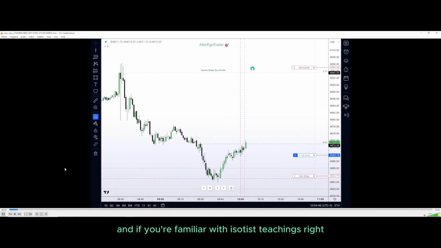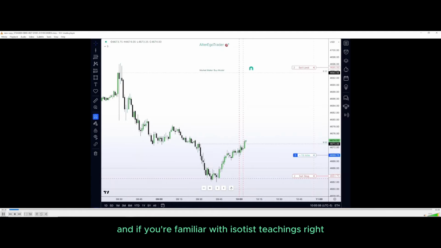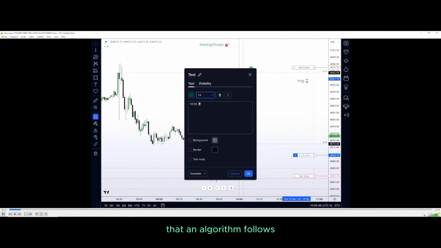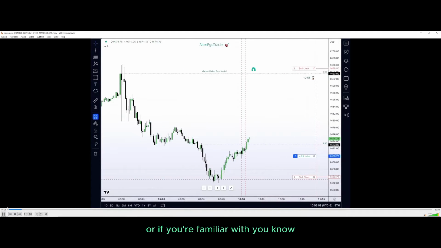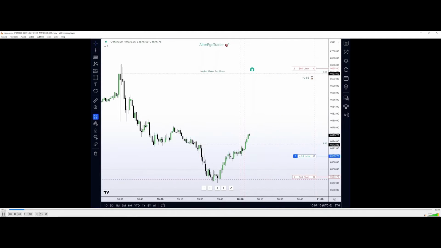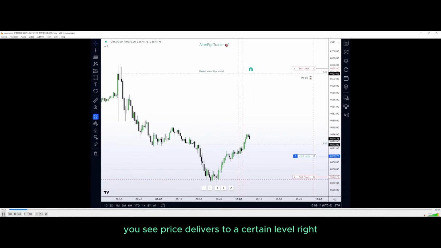If you're familiar with ICT's teachings, macros are a set of instructions that an algorithm follows. If you're familiar with computer science or programming languages, you would know what that is. The algo follows this, and as a result you see price deliver to a certain level, right?